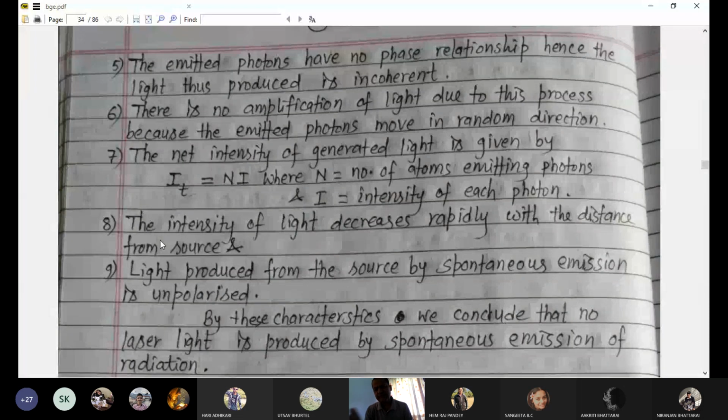By spontaneous emission, you cannot obtain light with characteristics similar to laser light. So you can say spontaneous emission of radiation is not the principle of laser.